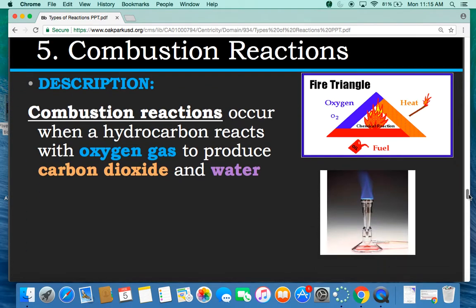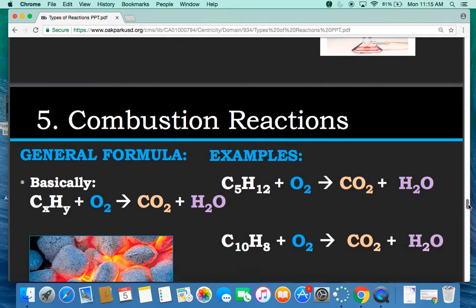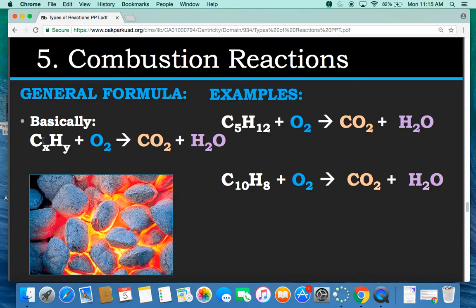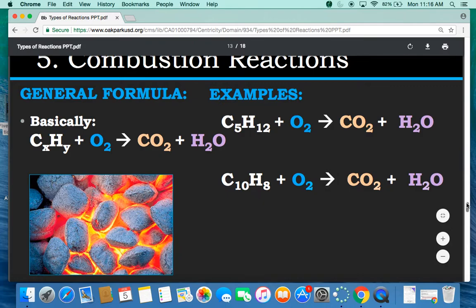And the last one is combustion, and everybody knows that combustion involves oxygen, okay? It needs a carbon source. It has to have carbon in it, and it can't be CO or CO2 or just carbon. Oxygen is a reactant, and you form CO2 and water. That's combustion. So that's how you can tell.